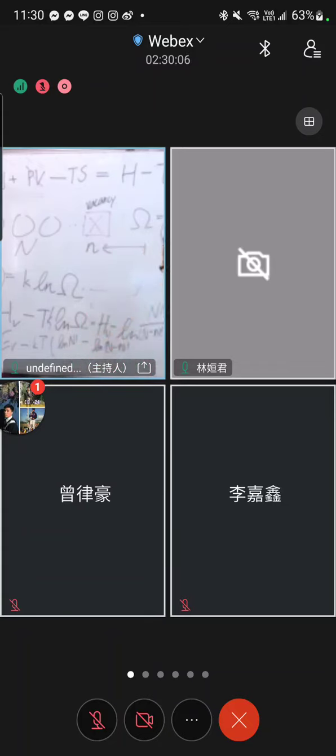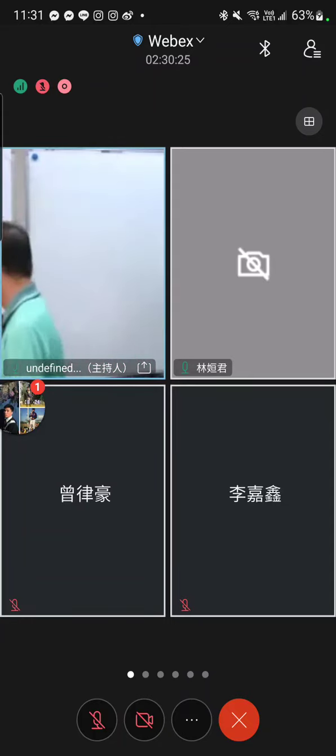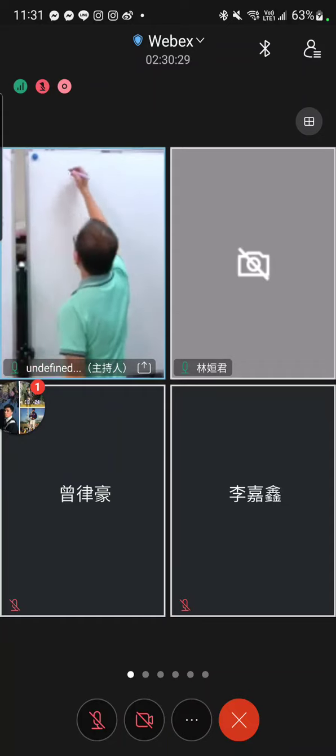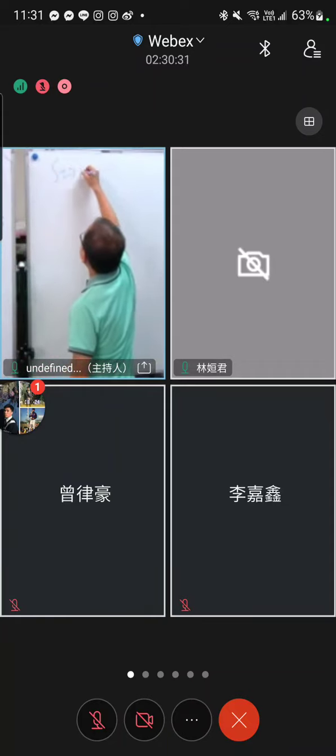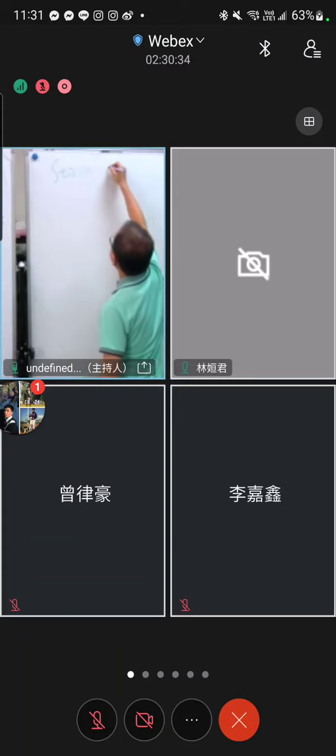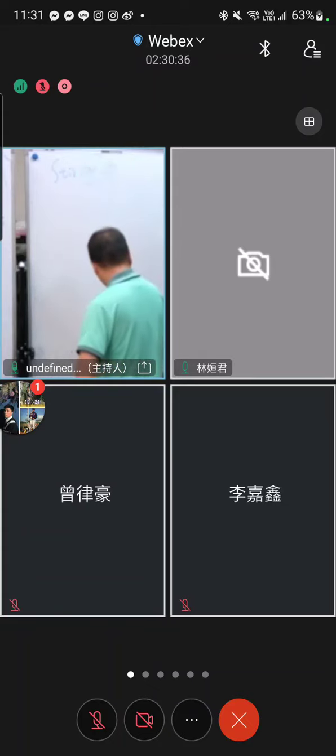And this factorial can be simplified by Stirling approximation. You can Google that and you know how to simplify it. Stirling approximation. So we need more space.